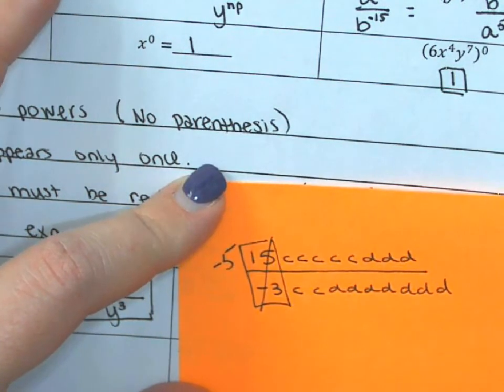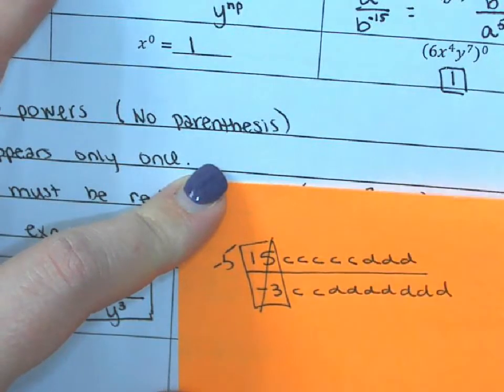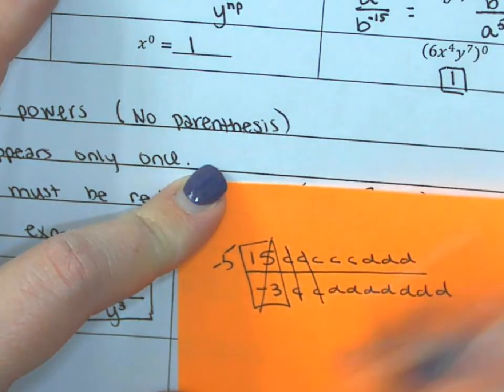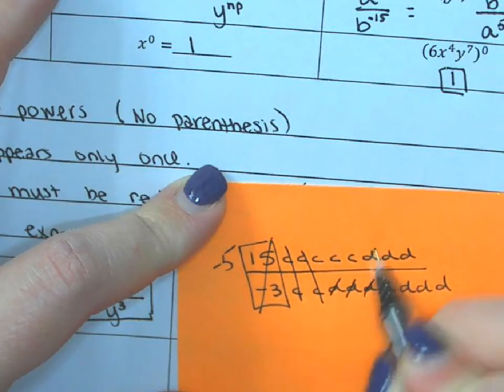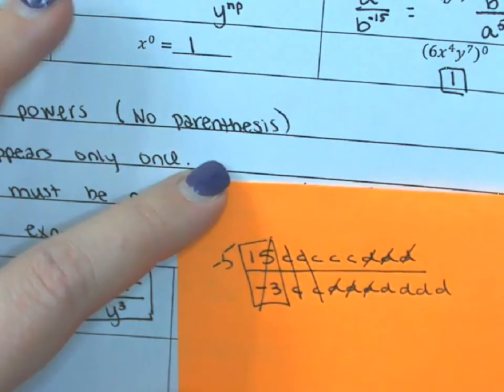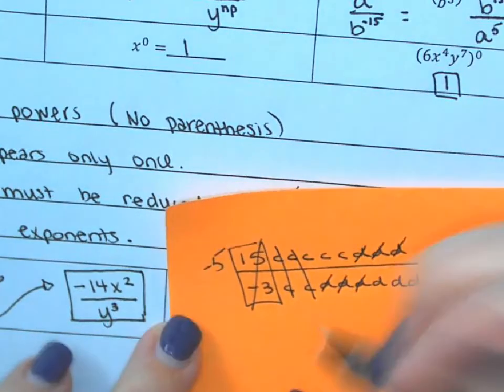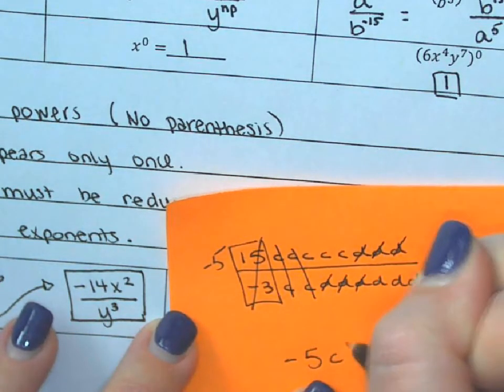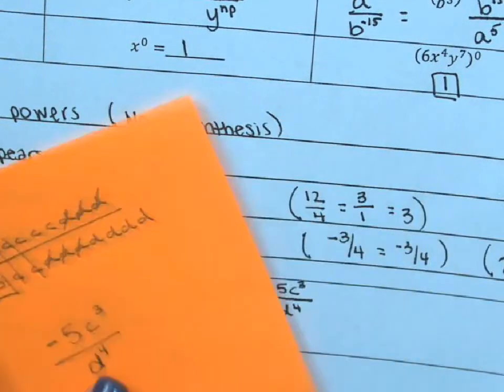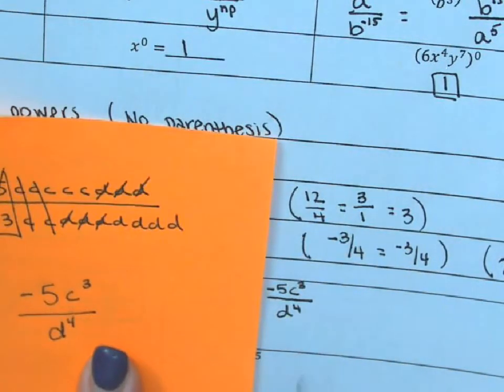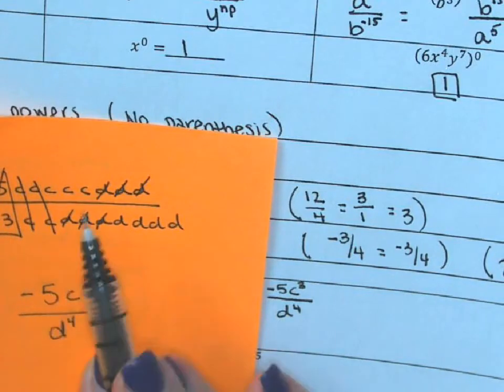It doesn't matter if the negative is on top or bottom, as long as there's just one negative sign. The c's will cancel, but since there's more on top, that's where they're going to be left. The d's, there's more on the bottom, so they're going to be on the bottom. Then you would rewrite this as negative 5c to the third over d to the fourth, which is exactly what I got. So you can always expand it out if that helps you.